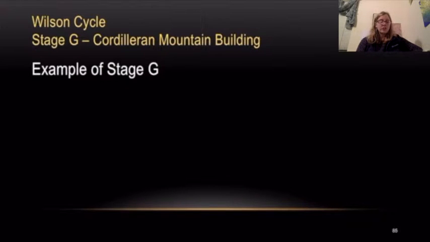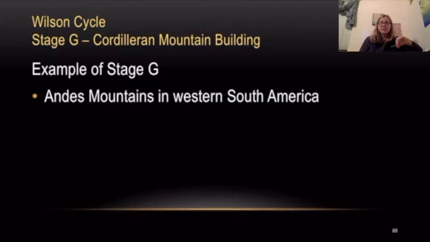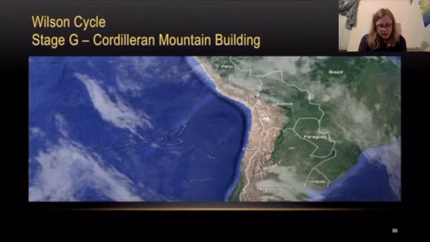Examples of stage G. The best example of stage G would be the western side of South America. In South America, we've got the ocean crust subducting, and when you have subduction, you're going to have this dark blue line, ocean crust subducting under continental crust.